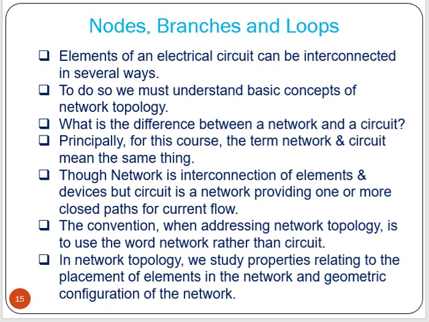Though network is the interconnection of elements and devices, but circuit is a network providing one or more closed paths for current flow. Circuit is at low level where there are so many loops where current is flowing in closed path, and network is high level abstraction where we can have many connections.